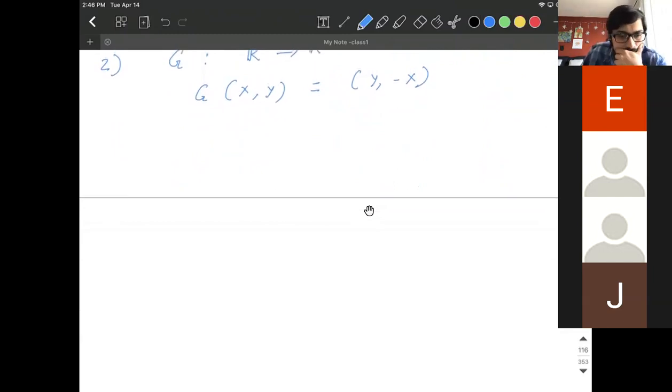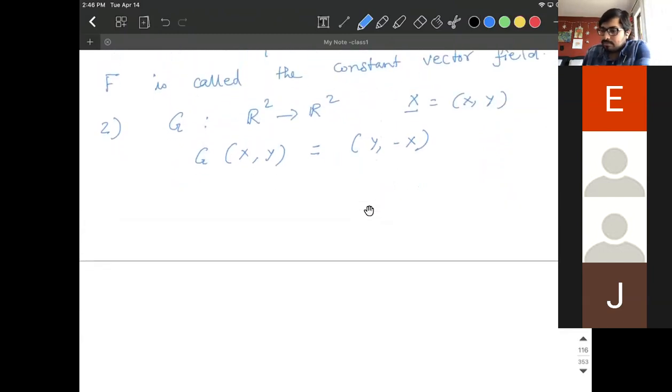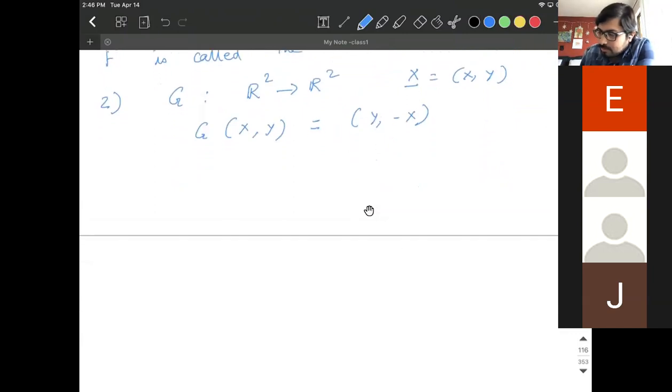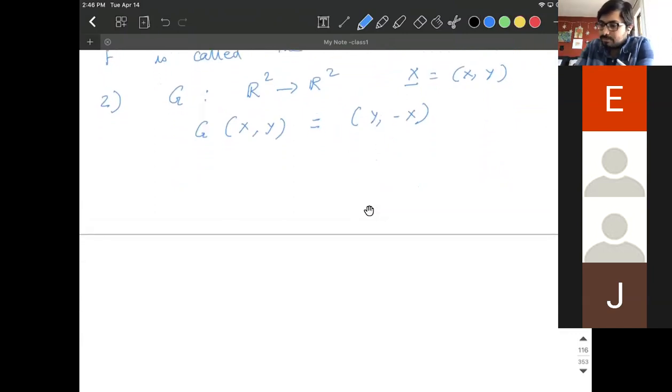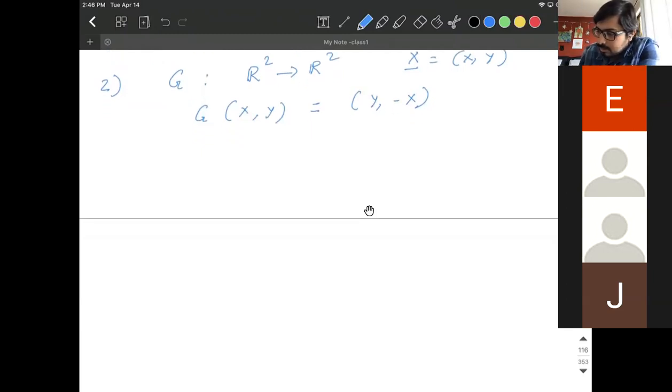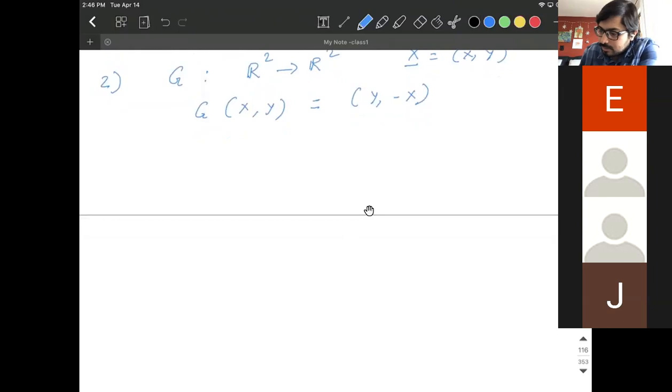Okay, but now if you want to draw pictures, then you have to get more information about this vector field. Namely, a priori this information is not really apparent, but it can be figured out. So first thing is, let (x, y) be any vector in R^2, okay? Then if you take the dot product of (x, y) with this vector field evaluated at (x, y), so what does this give?